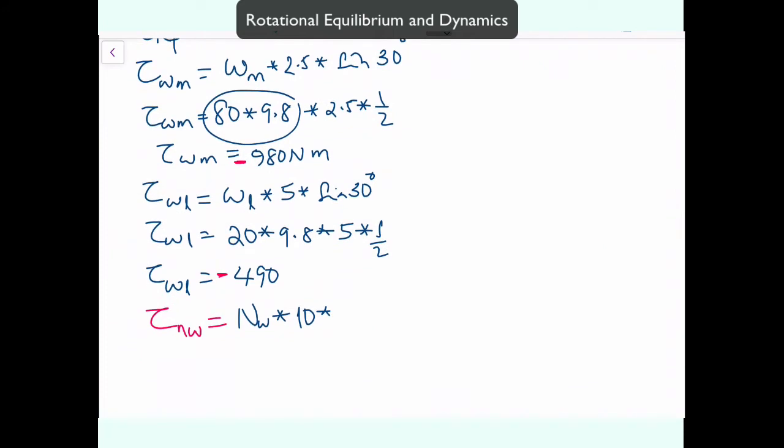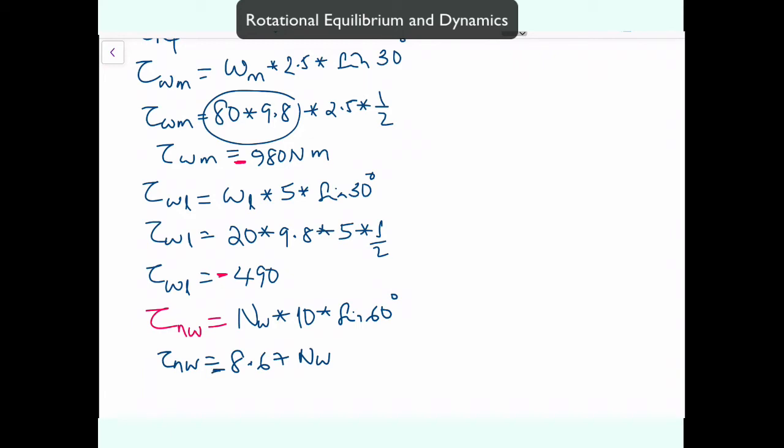Then of course you have to apply sine 60 now, because the angle between the force and the lever arm is not 90 degrees. So this is going to be 8.67 NW, because sine 60 is 0.86667 or approximately like that, and it's positive.